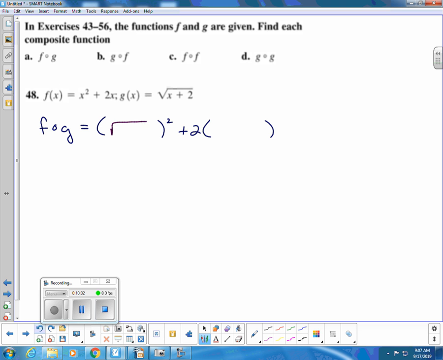And then I'm going to input my g function. And remember, our domain, I would start writing right now. I know that I have a restriction. X plus 2 has to be greater than or equal to 0 because it is a square root. So just leave that sitting there. Now, when I square a square root, the square root cancels.